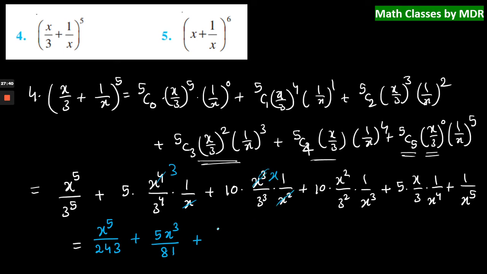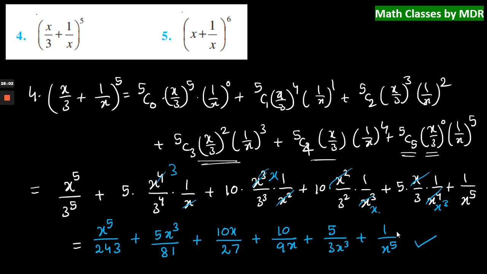So 10x by 27, plus x square, x cube will get cancelled, we'll have x here, 10 by 9 x, plus, if you cancel x and x to the power 4, you'll get x cube, that is 5 by 3 x cube, plus 1 by x to the power 5. So this is the answer for the fourth one. Now let's see the fifth one.